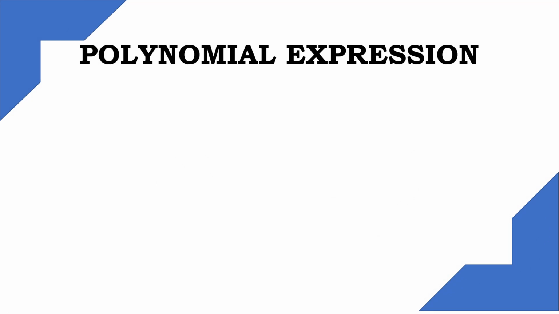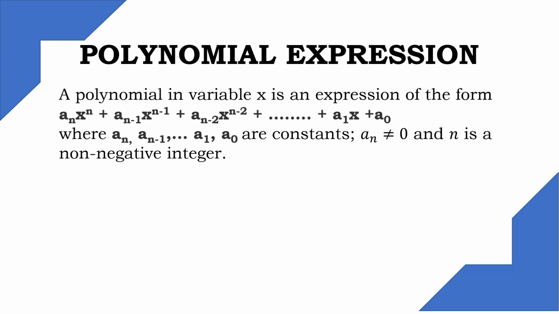Let us begin by defining what is a polynomial expression. A polynomial in variable x is an expression of the form a sub n times x raised to n plus a sub n minus 1 times x raised to n minus 1 plus a sub n minus 2 times x raised to n minus 2 plus up to a sub 1 times x plus a sub 0, where a sub n minus 1 up to a sub 1, a sub 0 are constants.